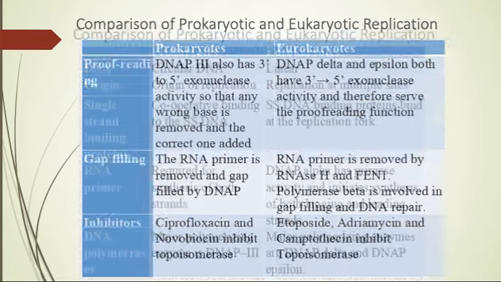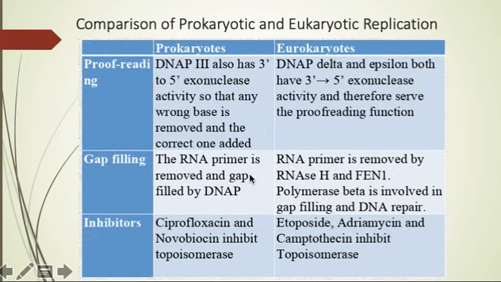The next difference is the proofreading activity. DNA polymerase 3 also has the 3' to 5' exonuclease activity, so that any wrong base is removed and the correct one is added. Here the DNA polymerase delta and epsilon both have 3' to 5' exonuclease activity and therefore serve a proofreading function.